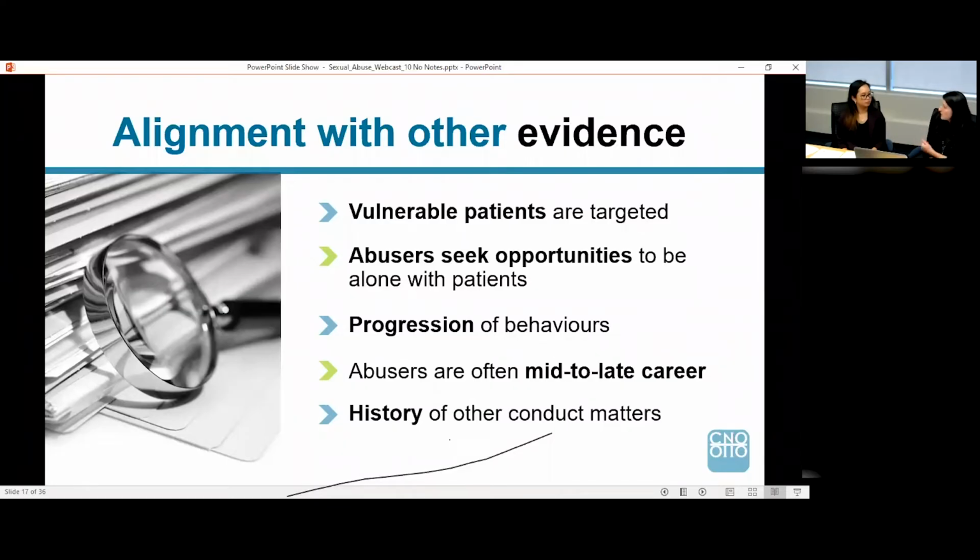What we've tried to do in developing our resources is incorporate content that would be relevant to both of these profiles. So in terms of some of the warning signs, for example, in terms of speaking up about concerns, Carlin's going to get into a little bit more detail about that in the next section.